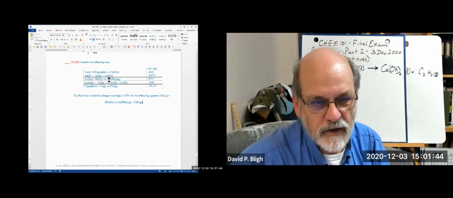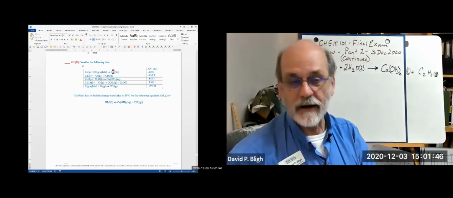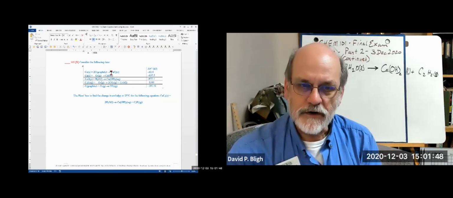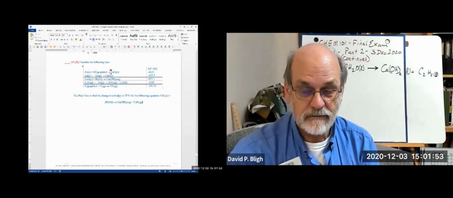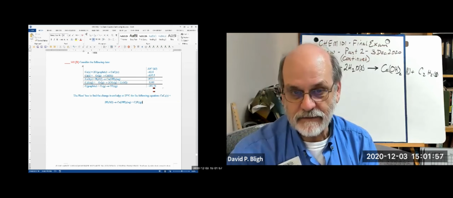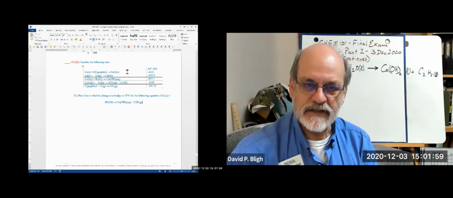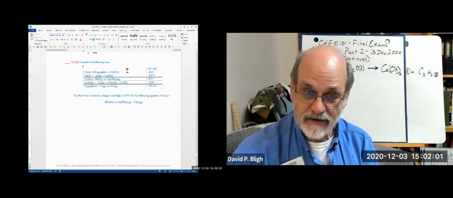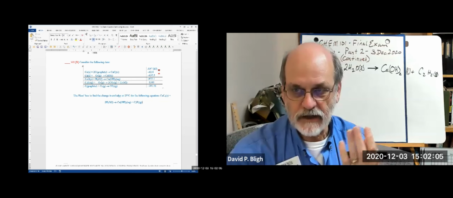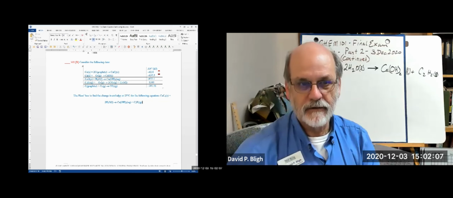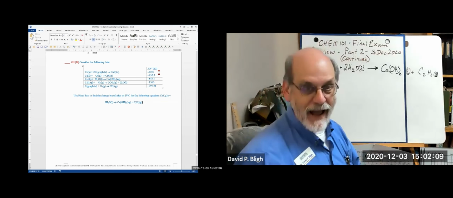And are there any others? No, there's calcium carbide. Okay, first thing to notice is that calcium carbide in this equation is on the wrong side. It's a product. We need it as a reactant. So what happens to the delta H when you make it a reactant? You flip the equation, and the sign on delta H changes. So we're going to write it backwards.